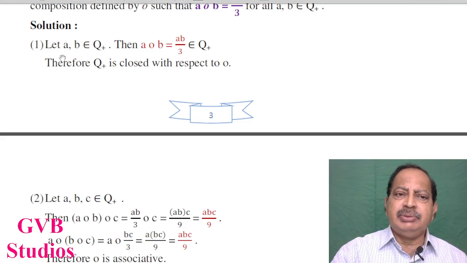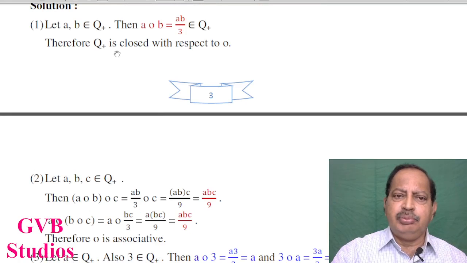And since A is positive, B is positive, product AB is also positive, 3 is positive. So this is a positive rational number. So this number belongs to Q plus. That means A circle B belongs to Q plus. When A and B are operated, the result also belongs to Q plus. Therefore, closure property is satisfied. Therefore, Q plus is closed with respect to the binary operation circle.